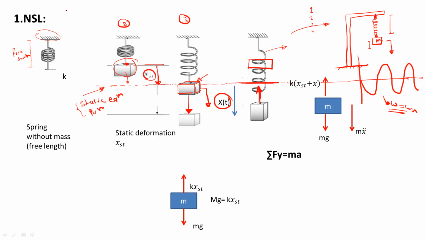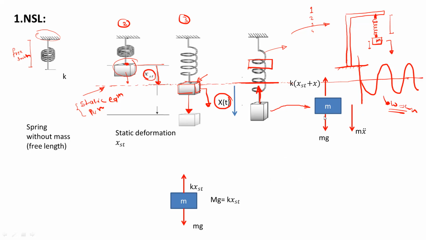To find this frequency, we will draw the free body diagram. For the free body diagram, just take this mass m, and on this mass, we have to show the different forces acting.